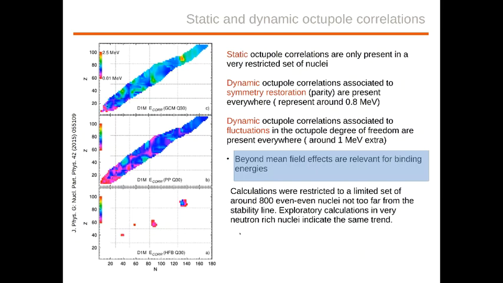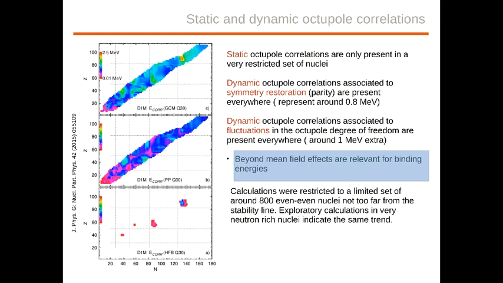Just let me tell you that when you take into account this correlation energy coming from parity projection, the picture at the mean field level of nuclei that are gaining some energy because of static octupole correlations changes substantially, and instead of having just a bunch of nuclei gaining energy, we have that all these nuclei in the nuclear chart, essentially all the nuclei considered in the calculation, are gaining some energy by considering symmetry restoration. So by restoring the broken parity symmetry, we are gaining some energy.